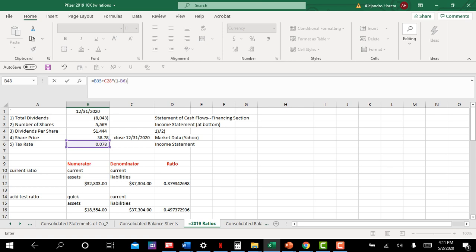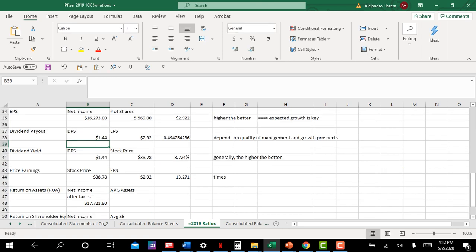Okay, but still our base number is net income after taxes, and we do get, I don't know if it came through, yeah, it came through. Okay, 17,723, and notice the number isn't too different from the 16,273 income. We just added back the net of tax interest.